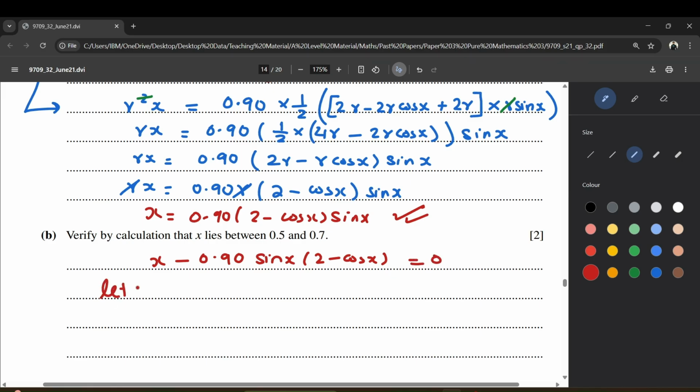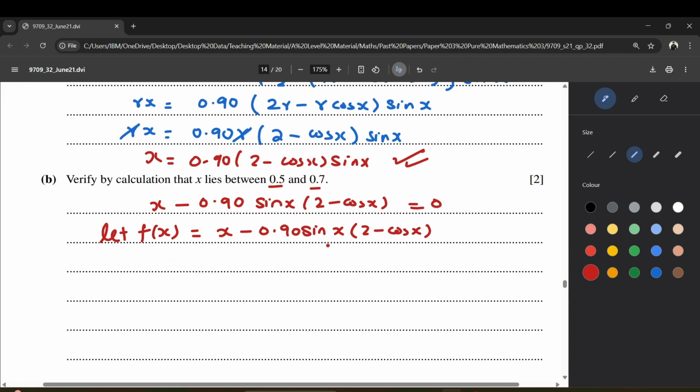Now I'm going to say let f of x equal x minus 0.9 sine x times 2 minus cos x. So basically we have to show that our root lies between 0.5 and 0.7, right? So we can only do that if we rearrange this into this form first, so that we are able to use the sign change rule. So we can justify using the change of sign that our root lies between these 2 points.